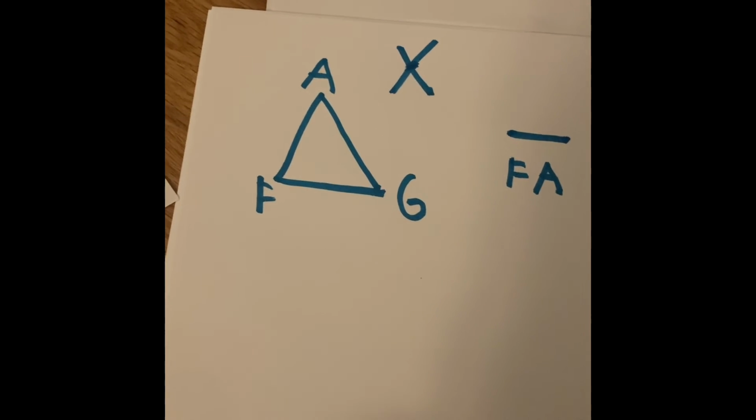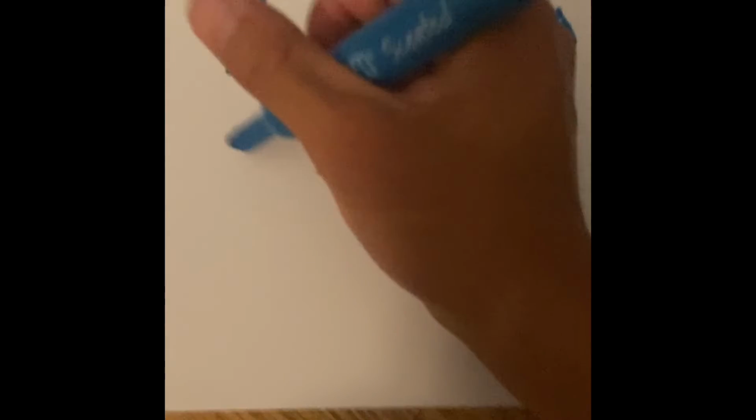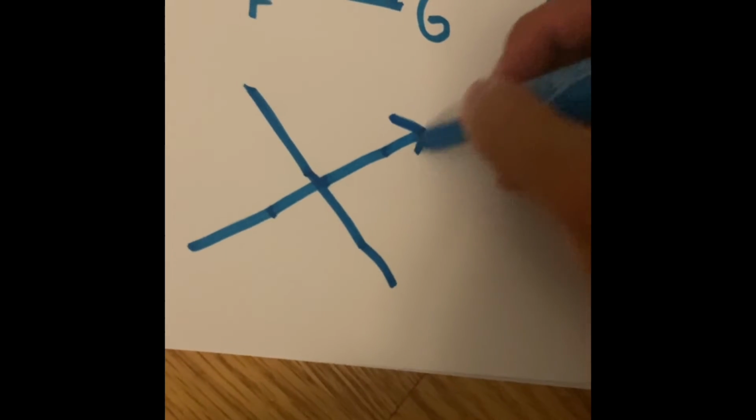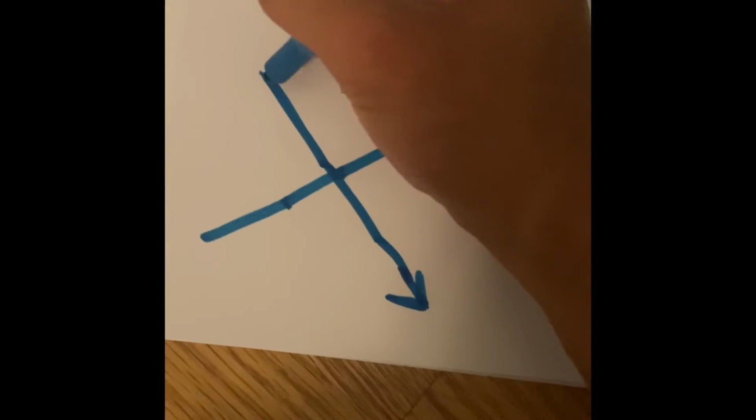But what about an intersection, for example? What we're going to do is make two lines, but ones that go on forever and ever.